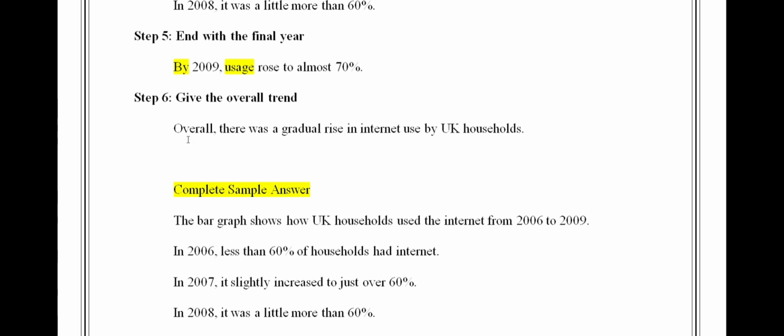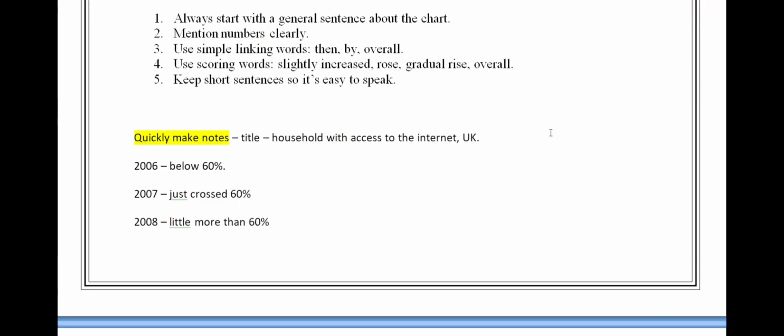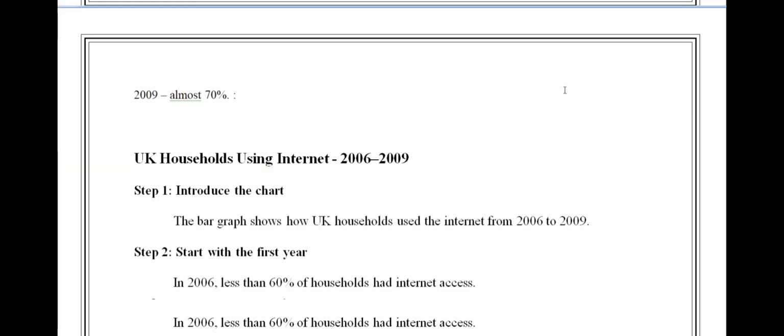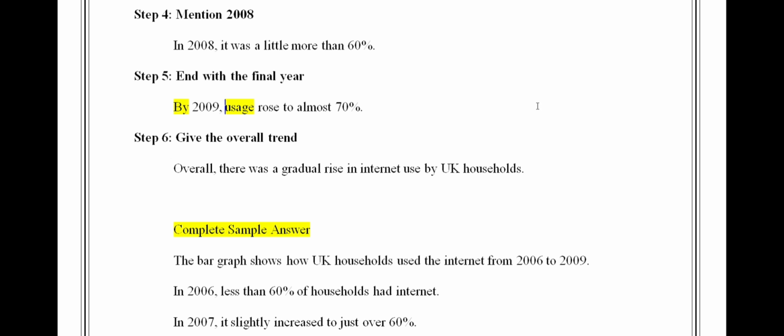Step number 6, giving the overall trend. Overall, what happened? You see the graph, there is a continuous rise. Very good. A very lucky graph if you get this in your examination. So it is overall, there was a gradual rise. Don't forget the three words together. Was is the past tense.